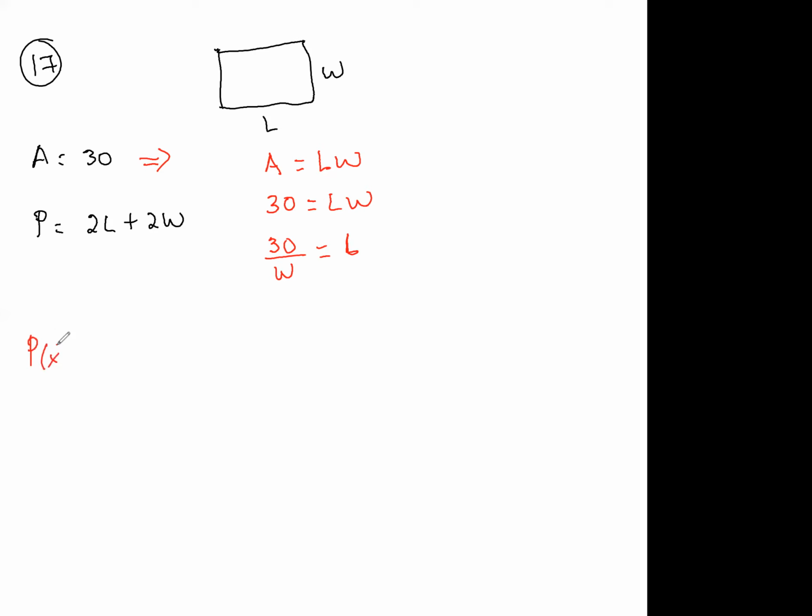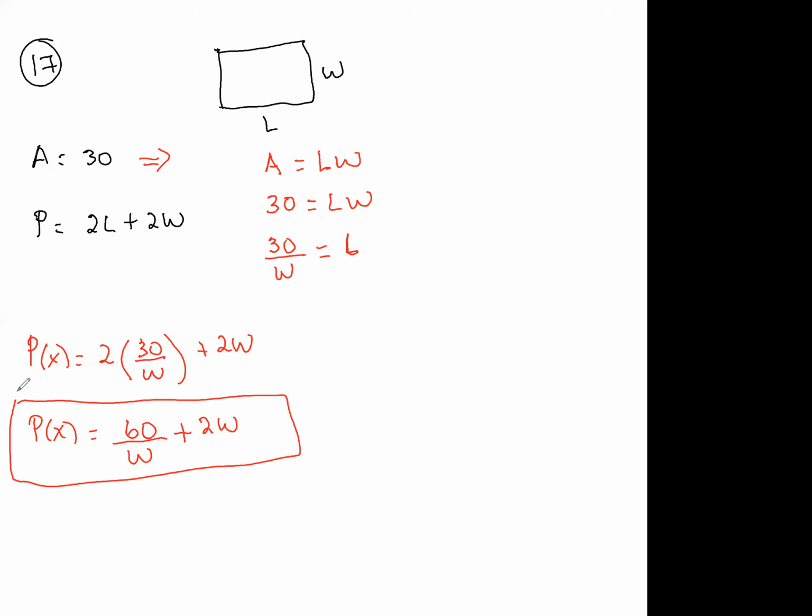This one is the function, the perimeter. And we got 2L. So what happened? The value for L will be 30 over W, plus 2W. My function will be 60 over W plus 2W. And just stop it right here because we don't know the value for W and for L. And they're asking only for the function.